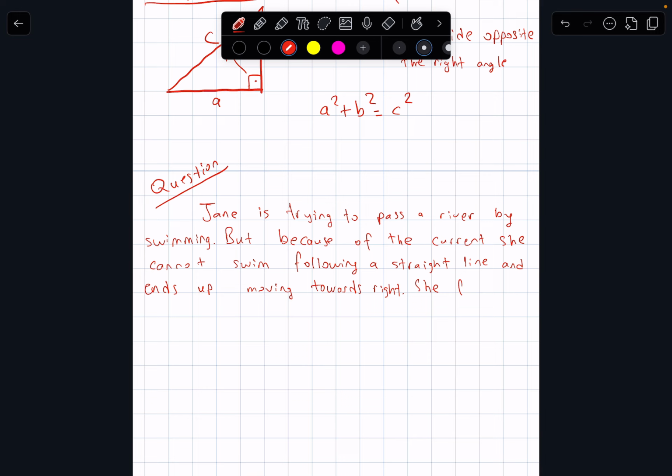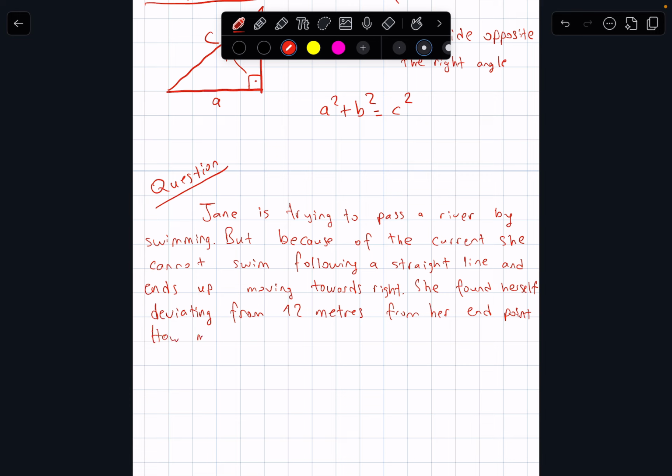She found herself deviating from her destination point, let's say, deviating 12 meters from her end point, which is called point C, let's say.